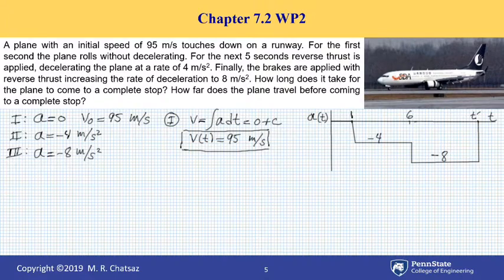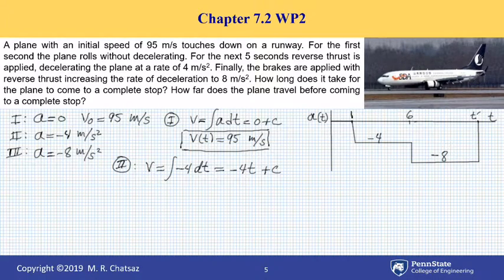So for the second phase of motion, we can solve for velocity by integrating acceleration, which is -4, with respect to time. So this gives us -4t plus the constant of integration, which can be evaluated.